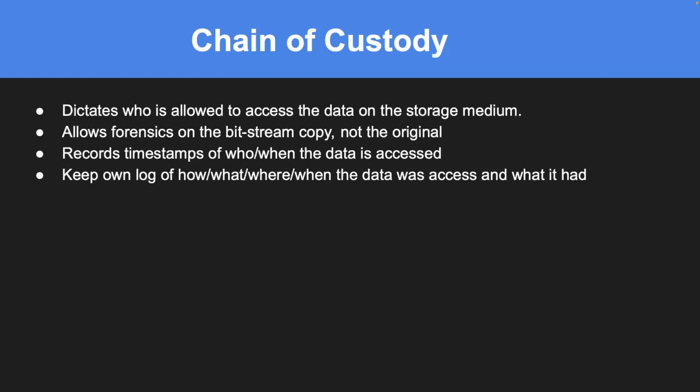This document will also include a chain of custody form, which will include dates, the persons who collected the evidence, the method that they collected the evidence with, and the condition of the evidence at the time of collection, and also the condition of it after the evidence was copied over.